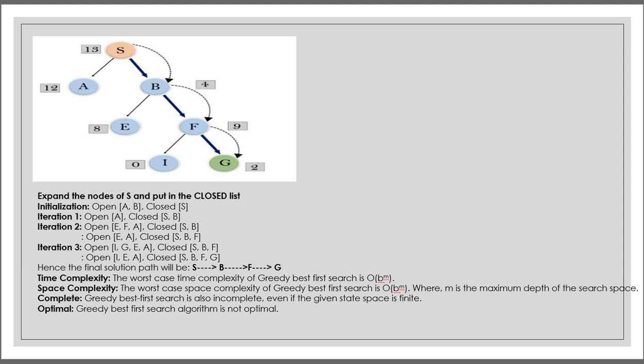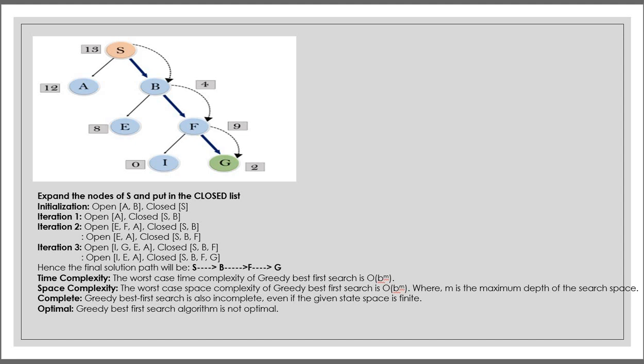Initialization: open A, B and closed S. Iteration 1: open A, closed S and B. Iteration 2: open E, F, A and closed S, B. Open E, A, closed S, B, F. Iteration 3: open I, G, E, A, closed S, B, F, and then open I, E, A, closed S, B, F, G. Hence the final solution path will be S, B, F, G. In terms of time complexity, the worst case time complexity of greedy best first search is O(b^m).